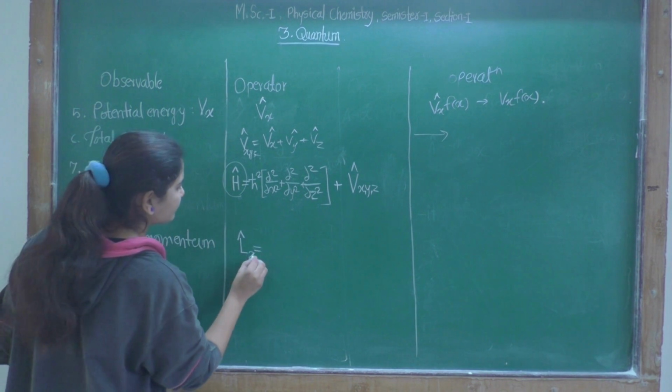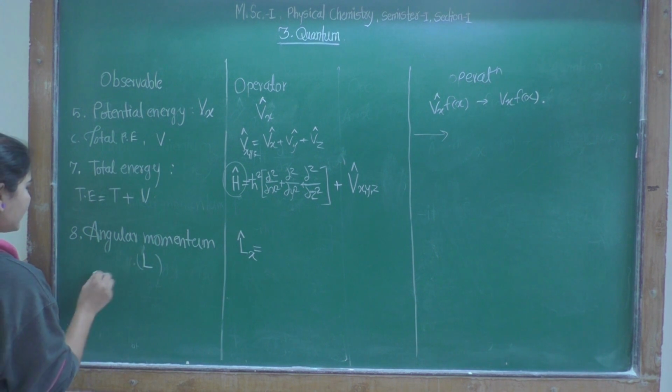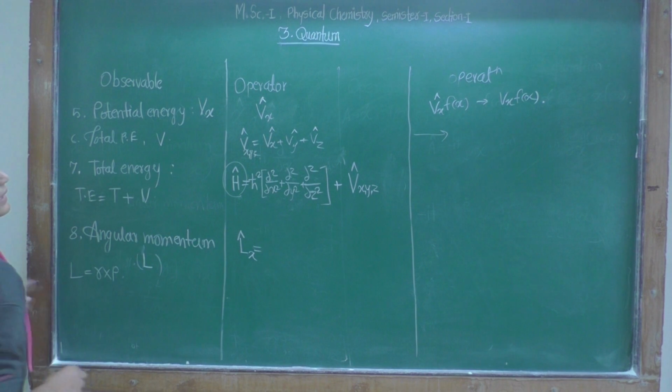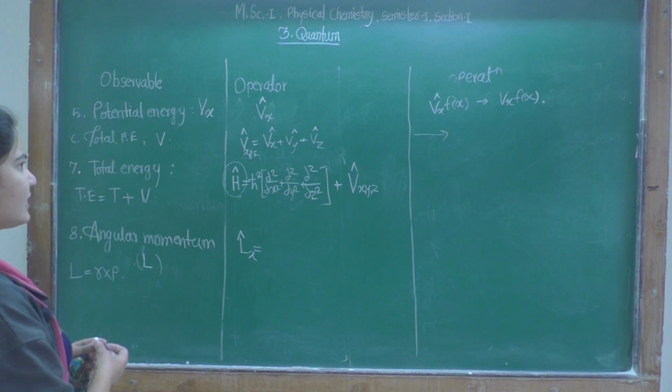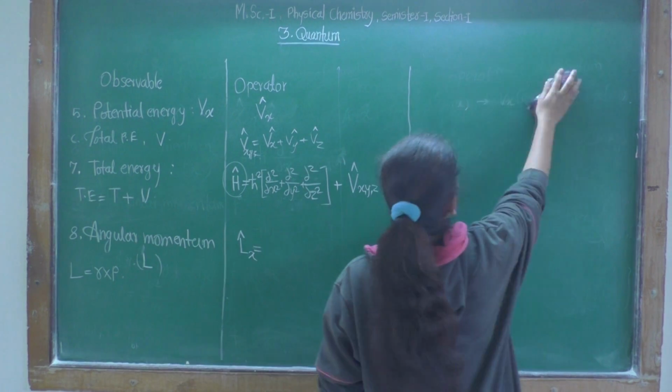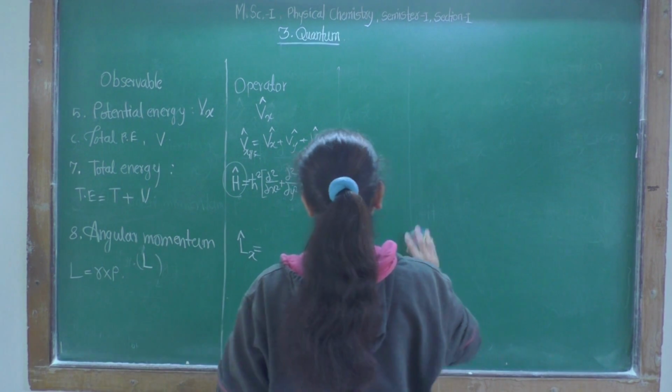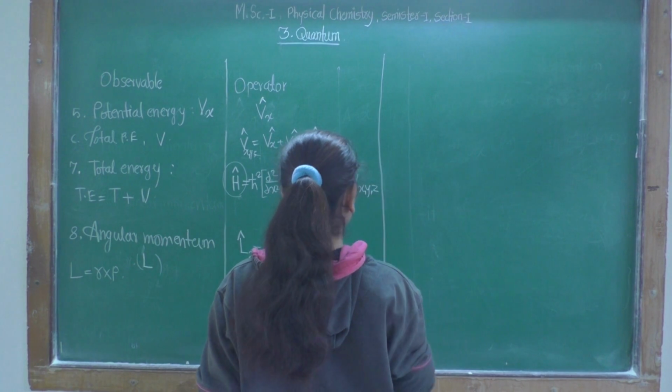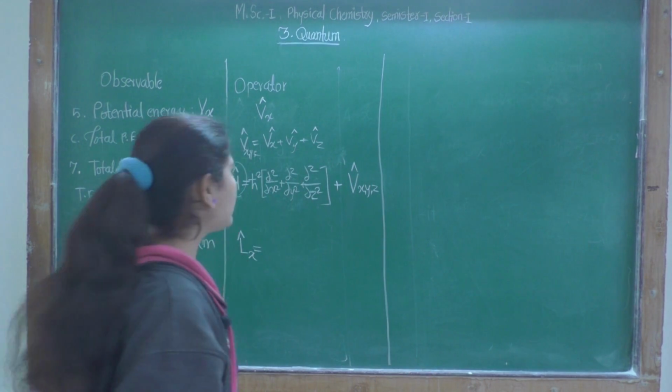For Lx, now L is equal to r cross p. Let's first derive this operator, then we can write it easily. Let's derive the angular momentum operator.